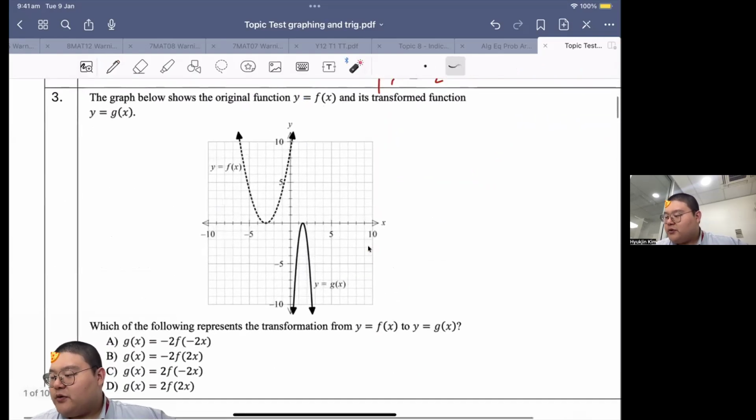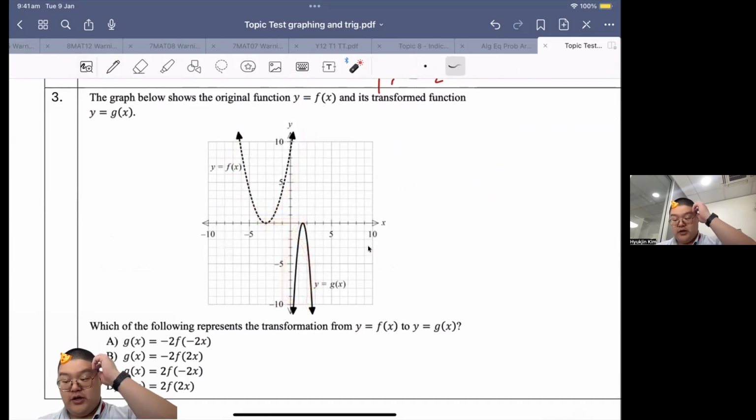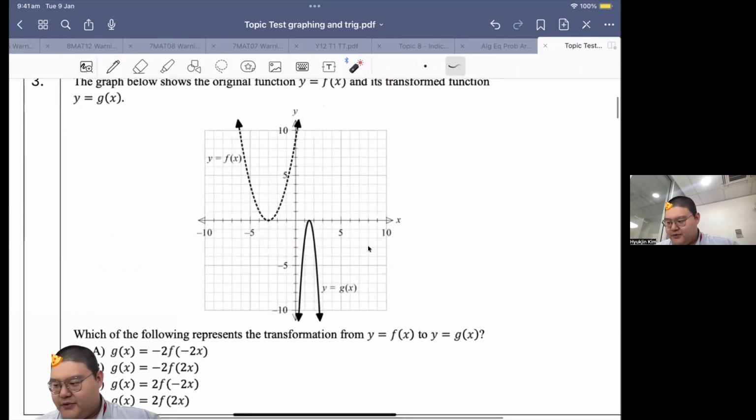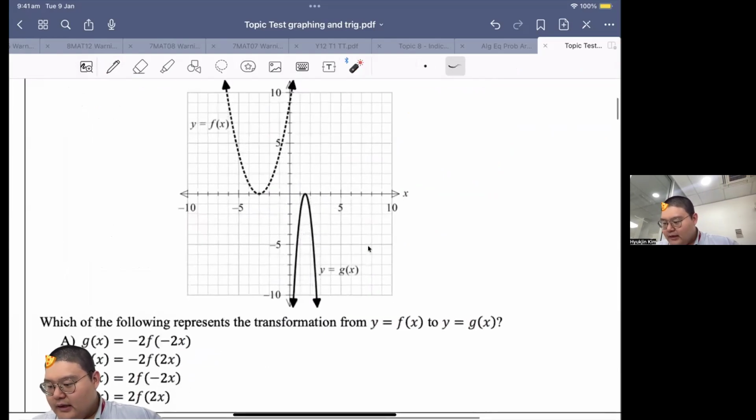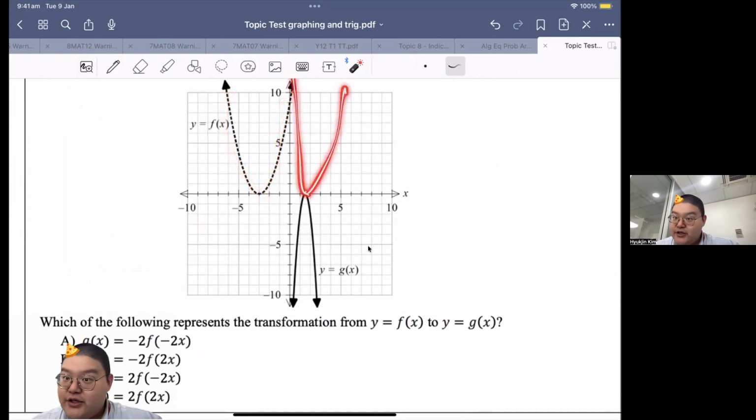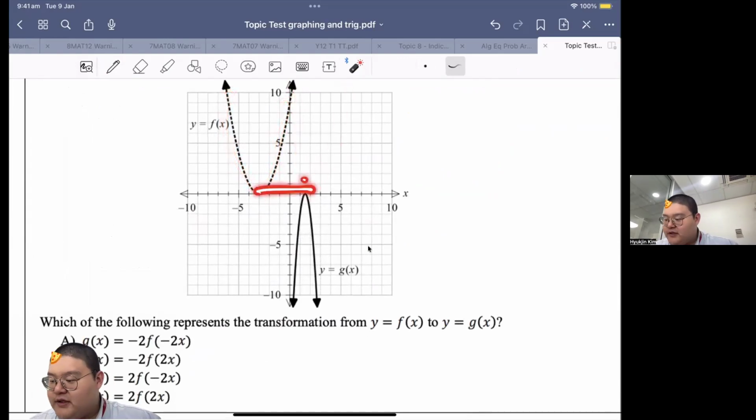Now, the graph below shows the original function, this guy, and it transforms into this guy. What we do notice is that this guy went from here, and now it's on the right side. But there is no translation. It didn't shift this way.